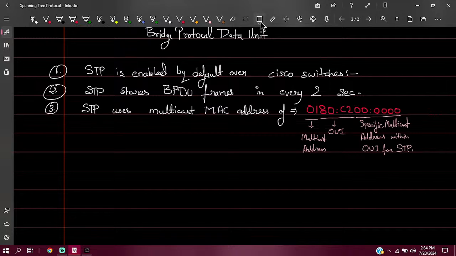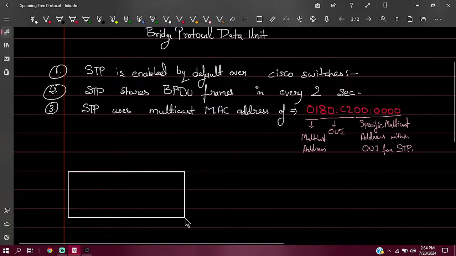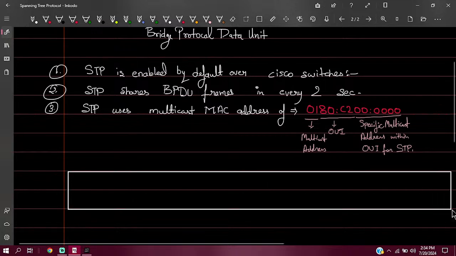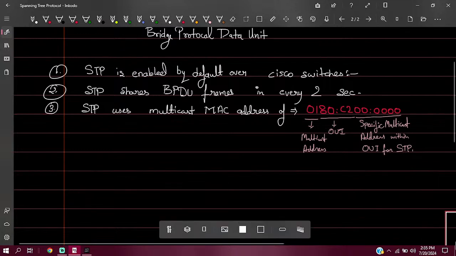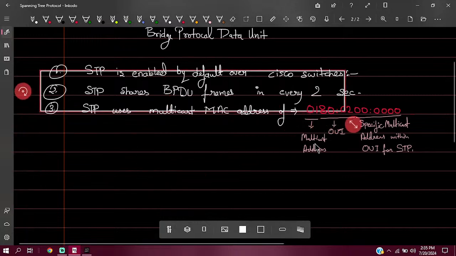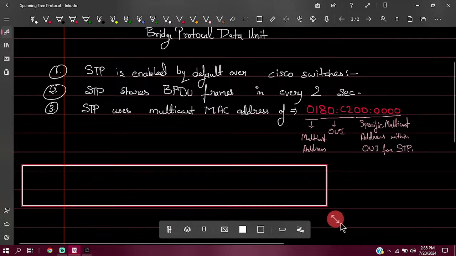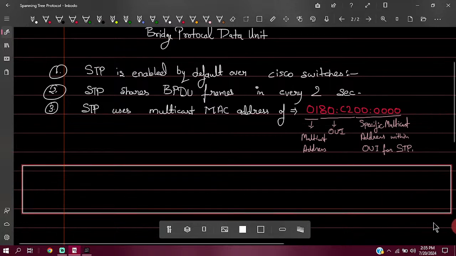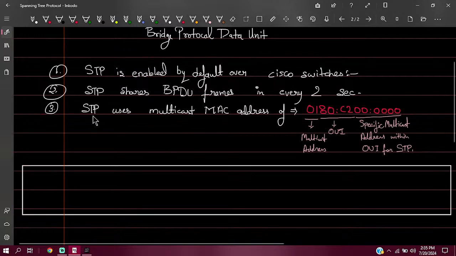And it would be better if you guys can remember all these 12 fields from the initial phase only, because that would be easy for everyone to understand BPDUs. And spanning tree is a topic that you guys will encounter throughout your enterprise scenario. The BPDU frame format.